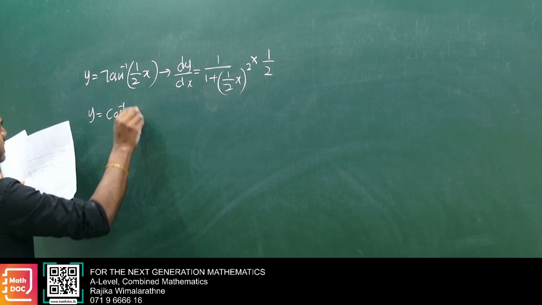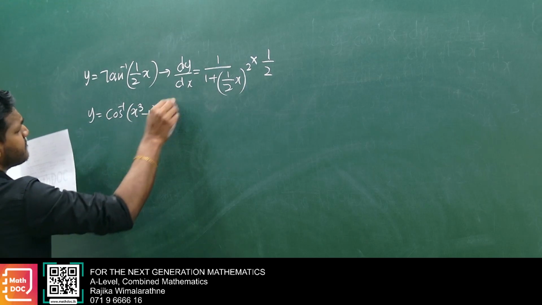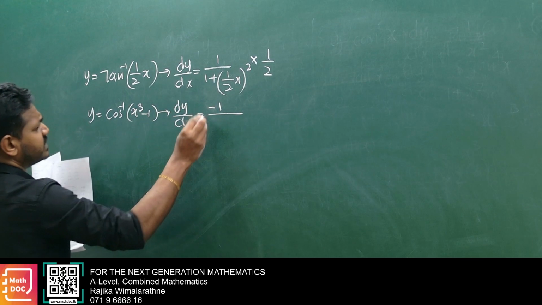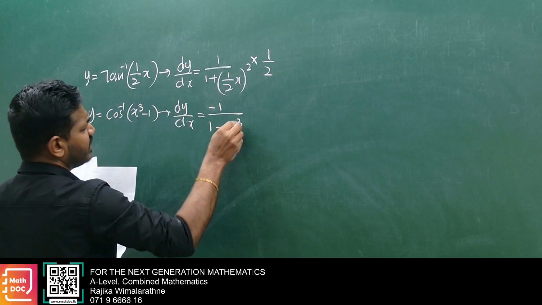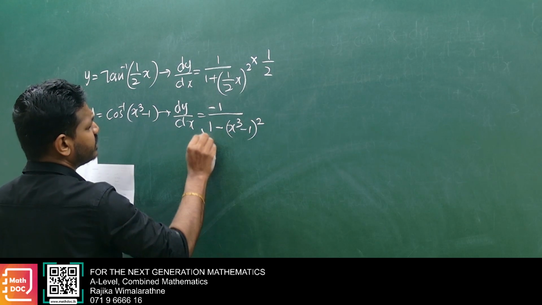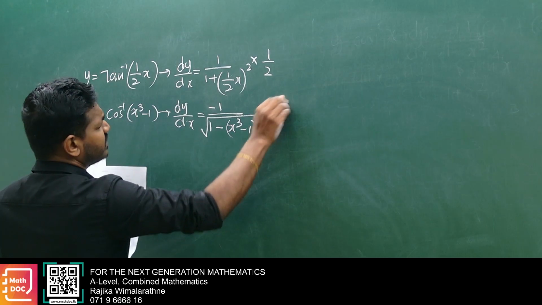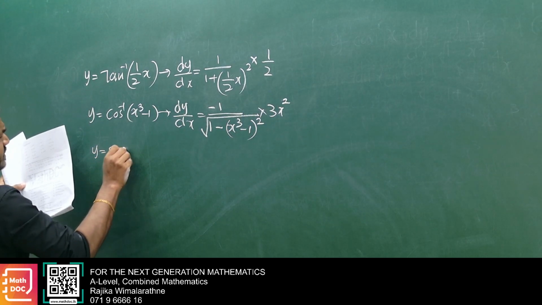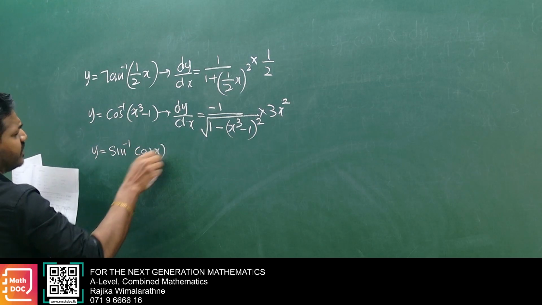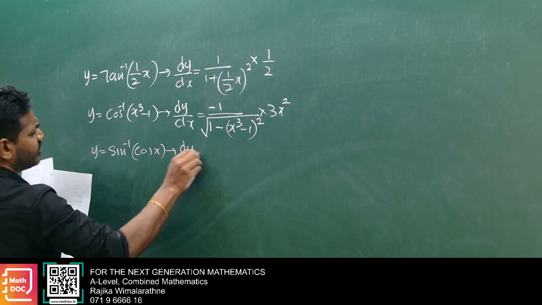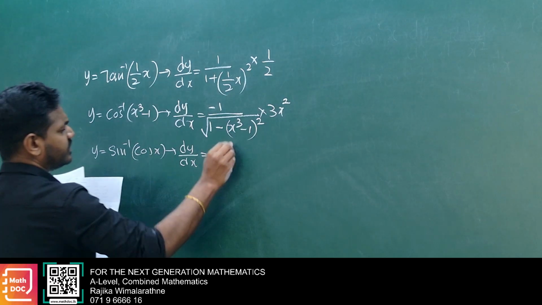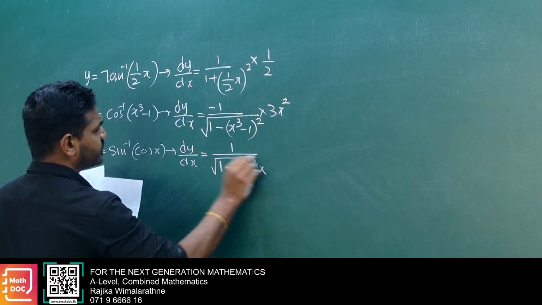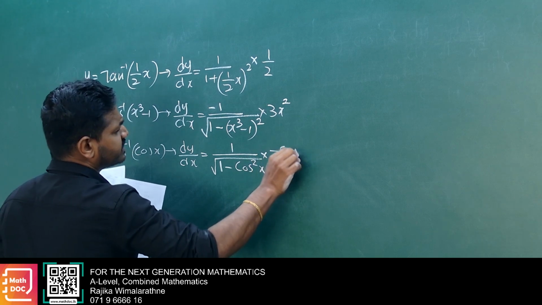Cos inverse of x cubed minus 1: dy by dx is minus 1 over root of 1 minus (x cubed minus 1) squared, times 3x squared. y equals sin inverse cos x: dy by dx is 1 over root of 1 minus cos squared x, times minus sin x.